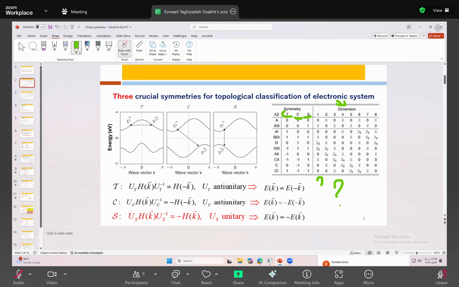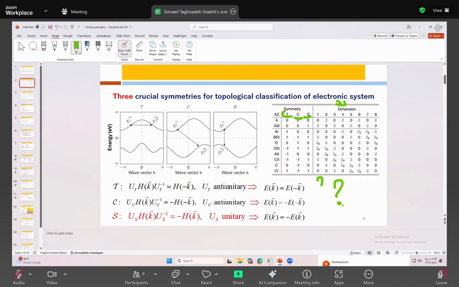Please note that this is about topological insulators, I mean those systems that have a gap, and depending on what I mentioned, we have different classifications.